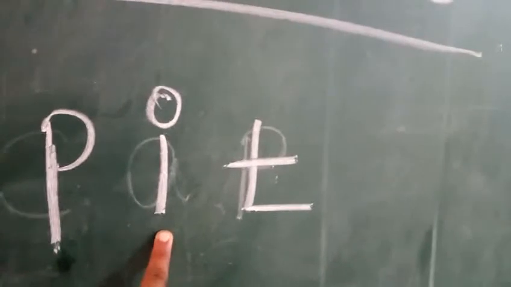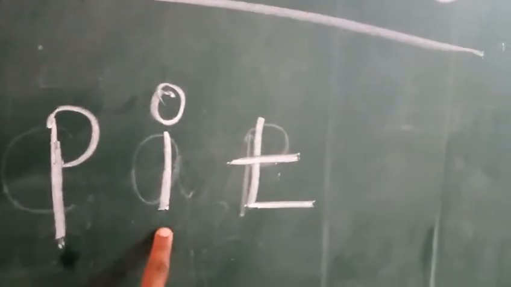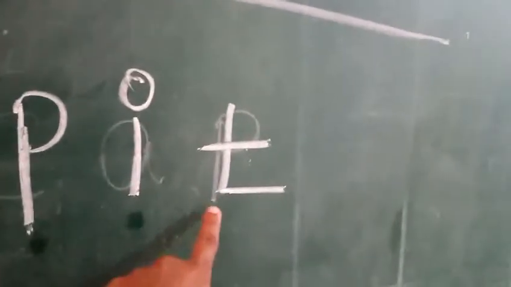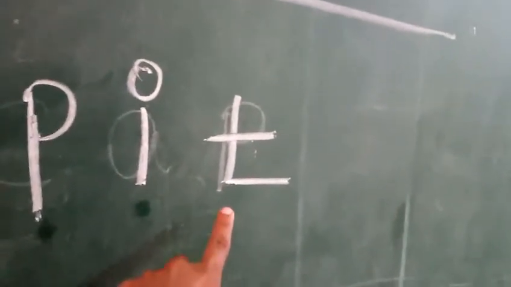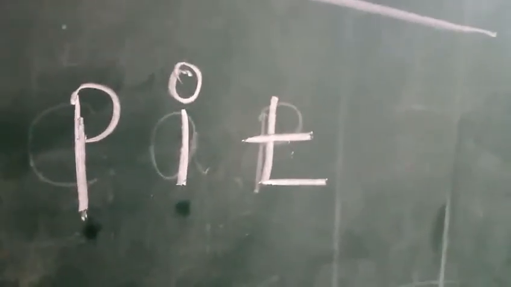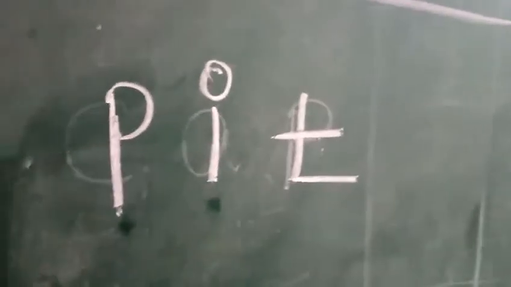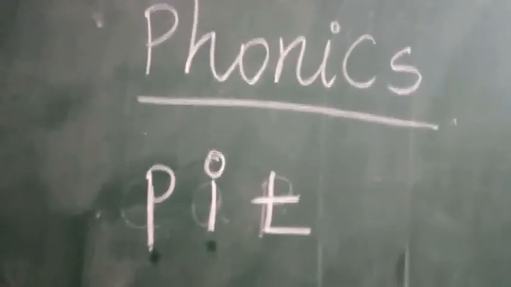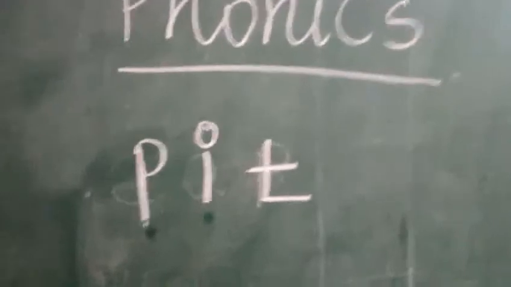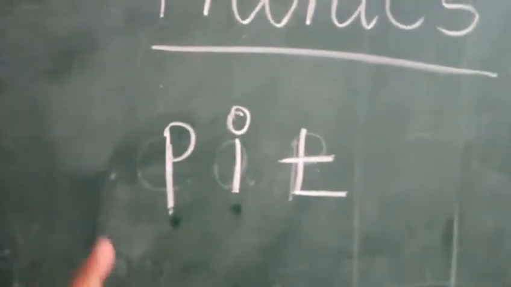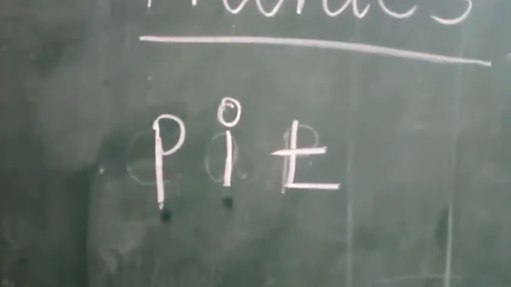Very good, forearm. Next, what is the end sound of this word? T. Where do we touch? Yes, wrist. So, my dear children, you use your left hand: shoulder, forearm, then wrist. Beginning sound, middle sound, end sound.